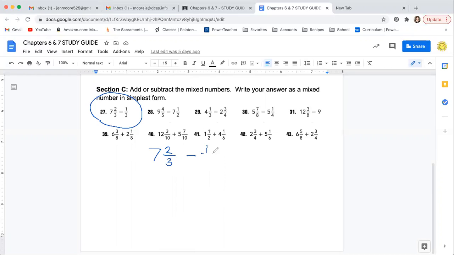minus 1/3. Some people like to set them up vertically, like you could set it up directly underneath it, and that's fine for me. What would the group here prefer today? Do we prefer, show me with your hand, a horizontal arrangement or a vertical arrangement? Just let's see, what do you prefer?